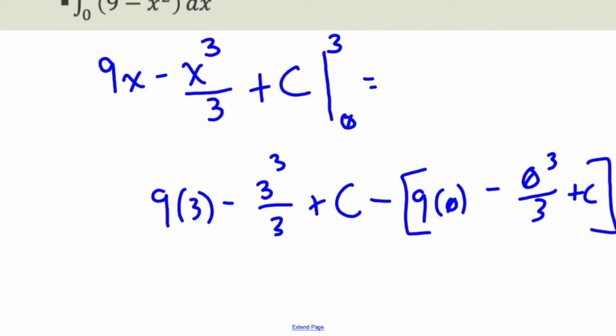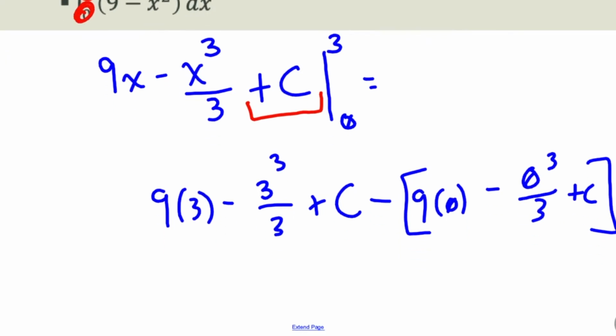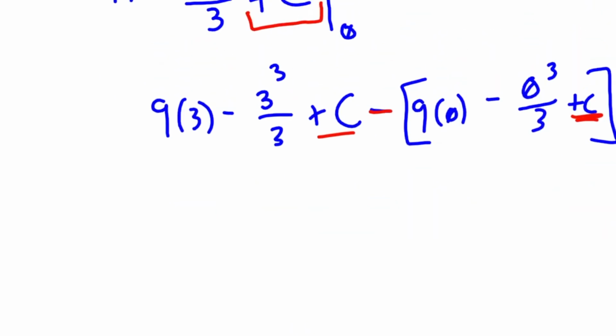Now look at this. Tell me why the c is not important when we do the antiderivative for definite integrals. Now this only works when you have numbers outside here, okay? So why does that not matter? That's because here's a c, and then there's a minus c right here, so they will always, always, always cancel out.